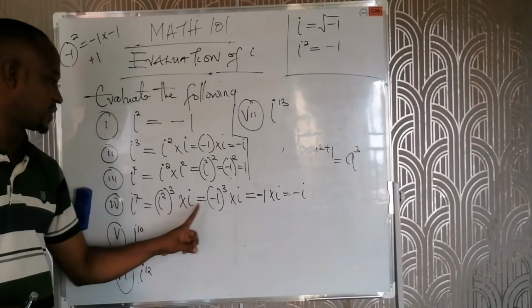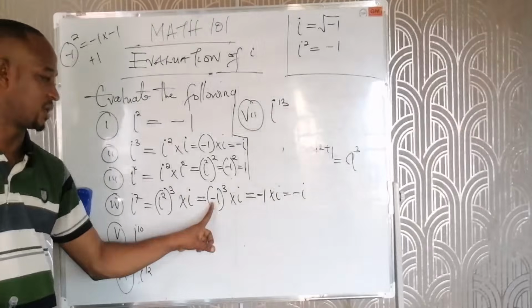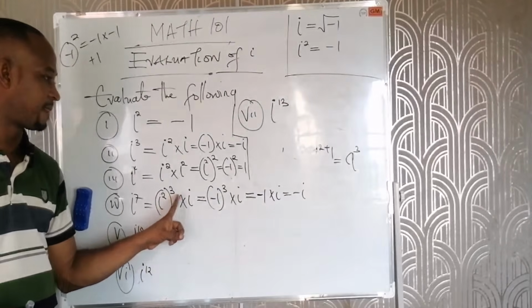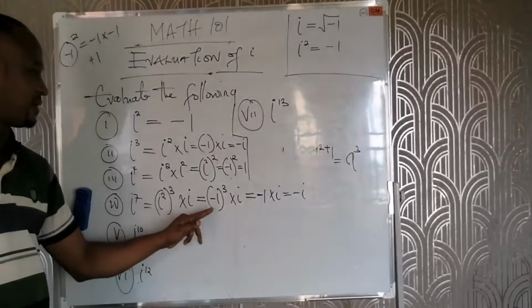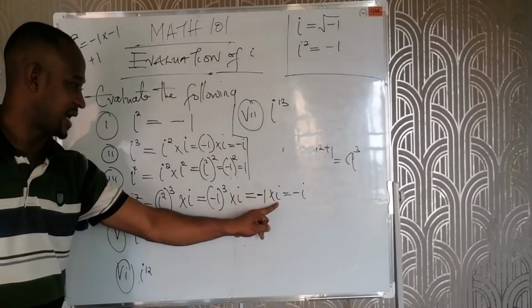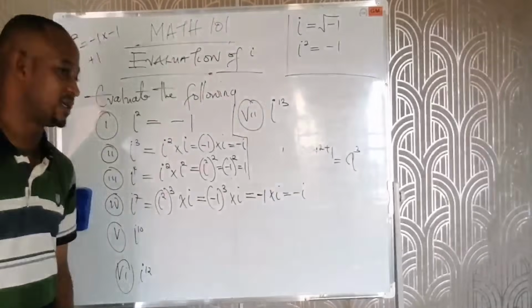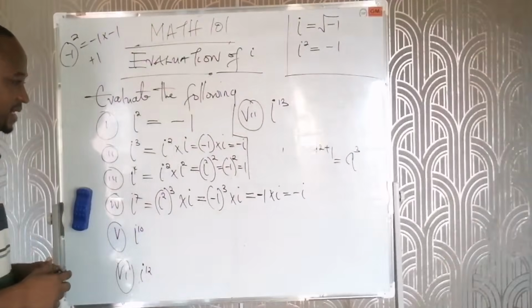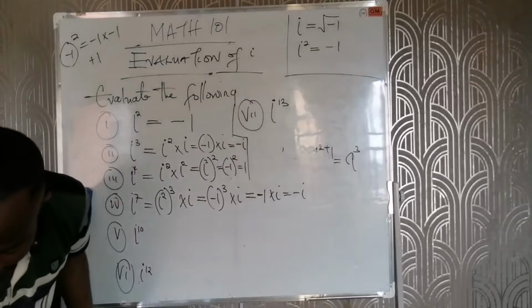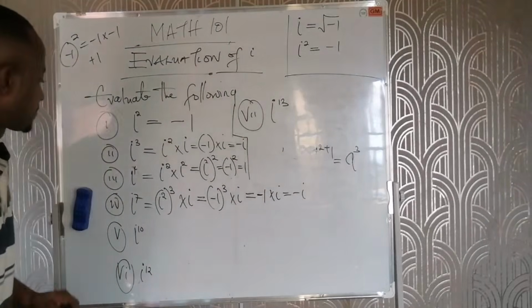The value of i squared is minus 1, all raised power 3, then times i, right? So here we have minus 1 times i equals minus i. Sorry for the disturbance. I know I'm getting a noise outside, so please just bear with me.